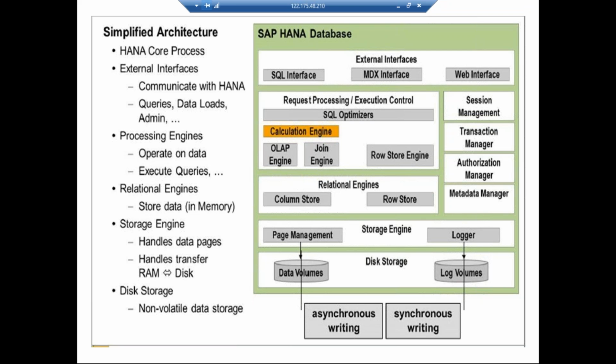The responsibility of this SQL optimizer is, whenever a command comes for execution, first of all, it has to prepare a plan of execution for that. Because there is an optimum way of executing the commands. It's not simply that a command comes and is executed directly. It's just like when you want to reach some destination, there may be different paths, and you want to choose the right one.